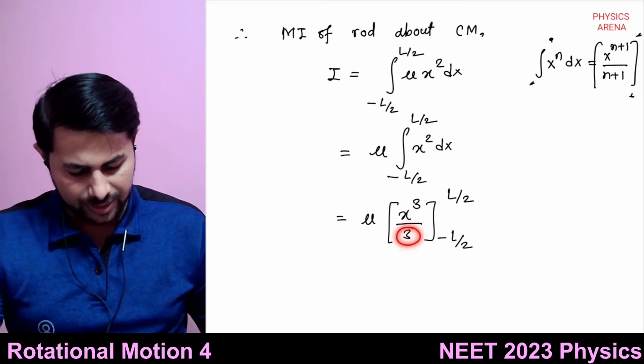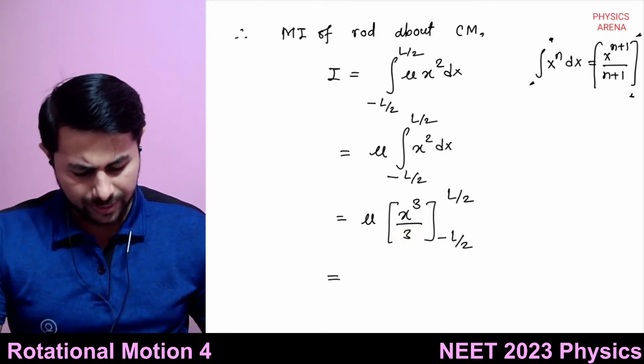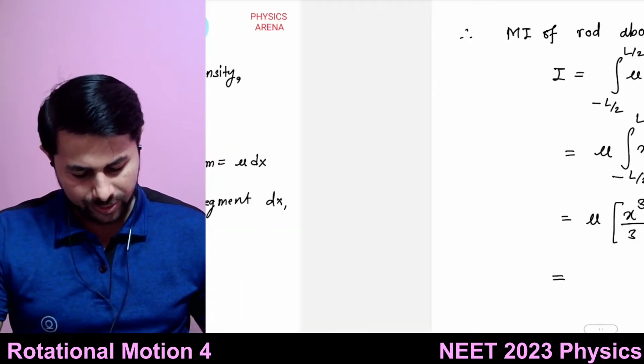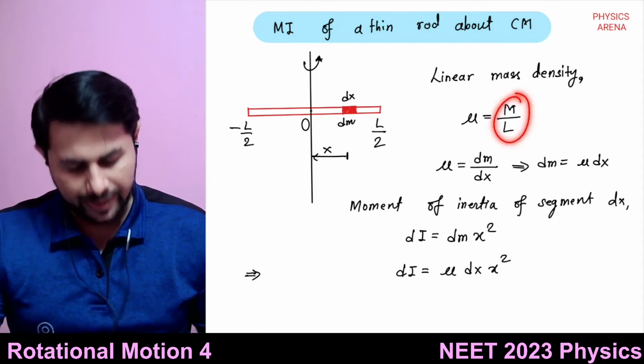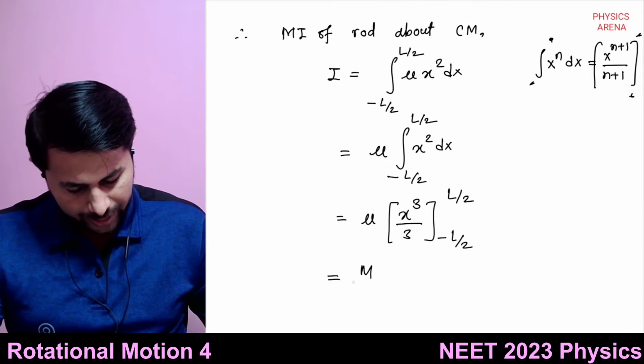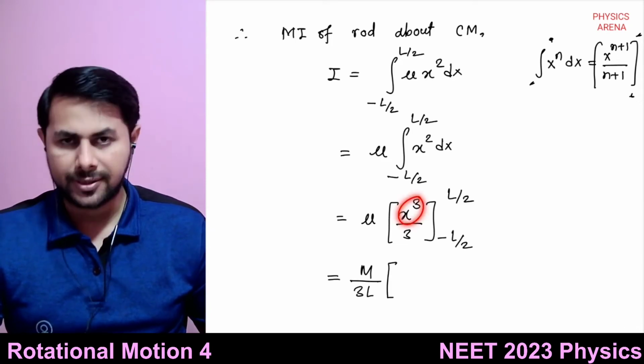So then you can take this 3 outside, and now I can replace this mu also. I will replace mu by m by L. So I have m upon 3L, and in bracket I have x cube.